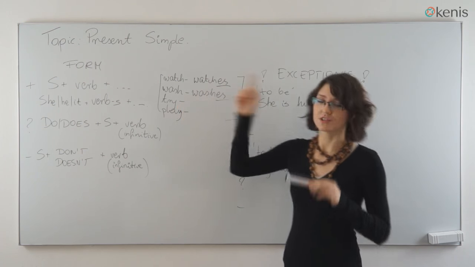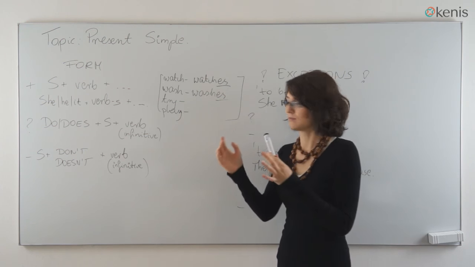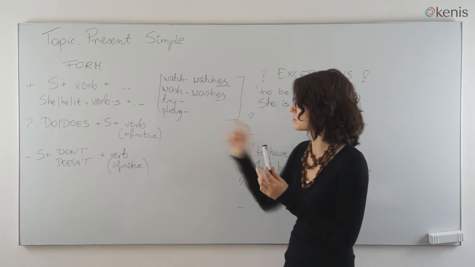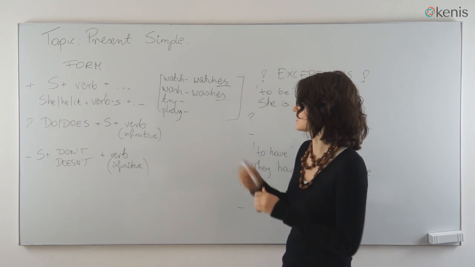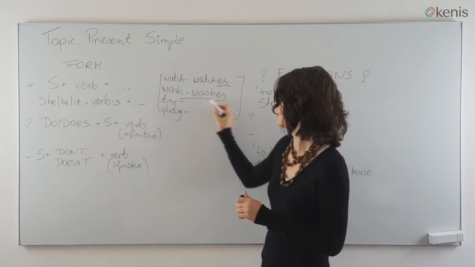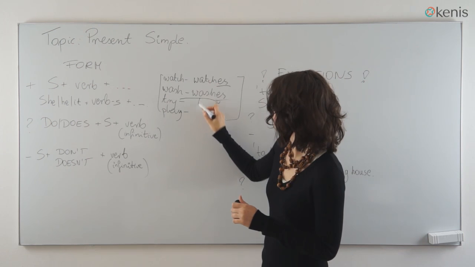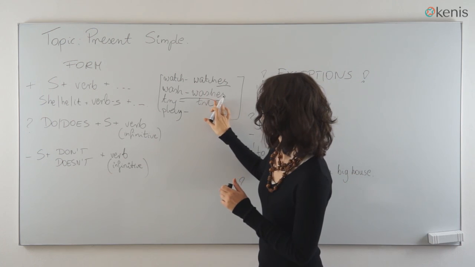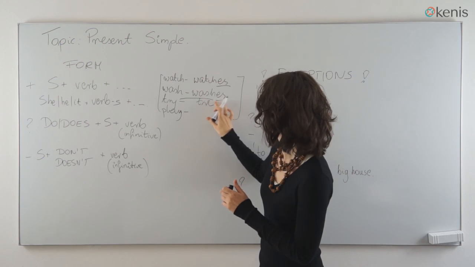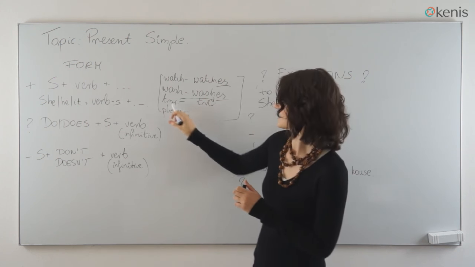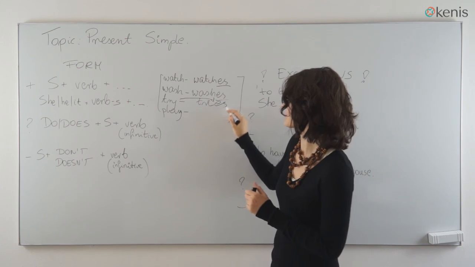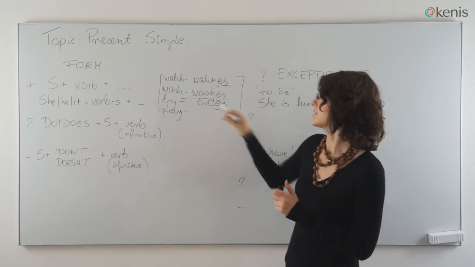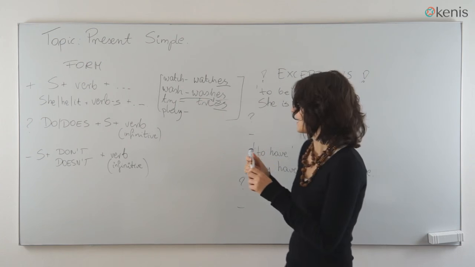Jeśli czasownik kończy się na spółgłoskę, po której występuje y, wtedy zamieniamy to y na i. Y zamieniamy na i dopiero dodajemy końcówkę es. Okay? Try to tries.